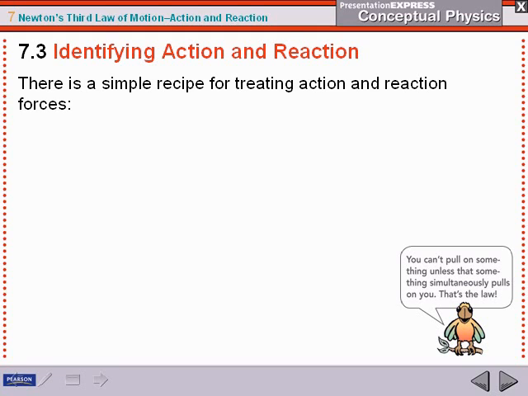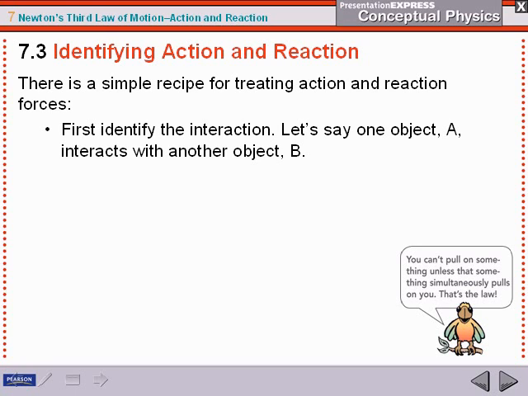All right, let's try to figure out how to identify action-reaction forces. Basically, what you're doing is you identify an interaction between two objects, one applying a force on the other and the other applying a reaction force.